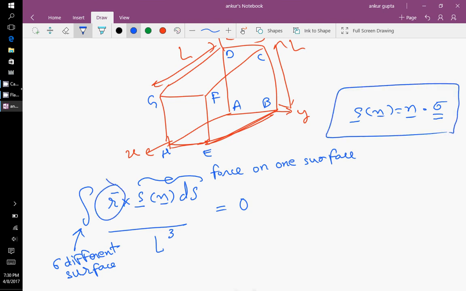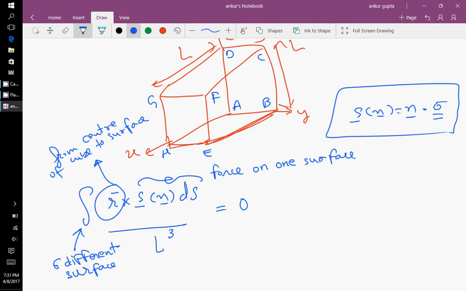And this r is the vector distance, or the length vector, from the center of the cube to the surface, right? So we are trying to write the torque using the center of the cube as the point of rotation.